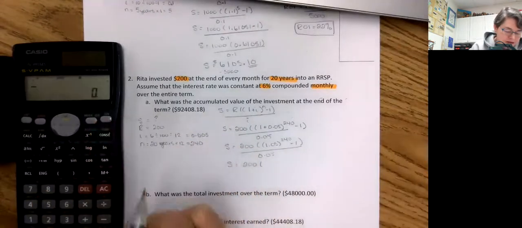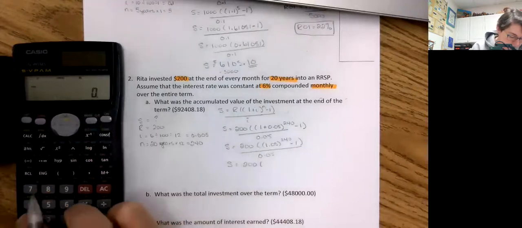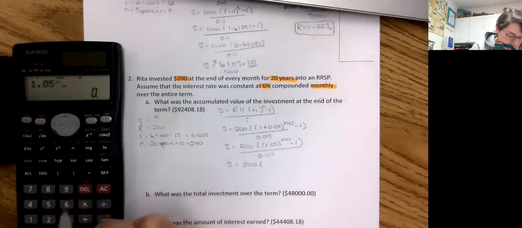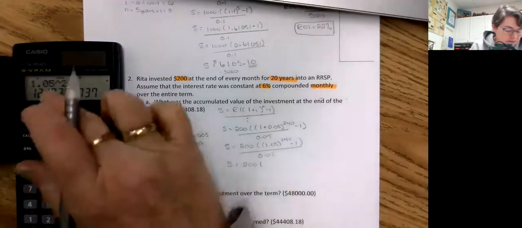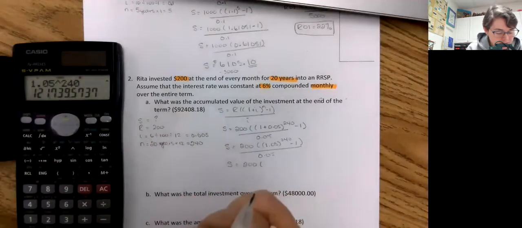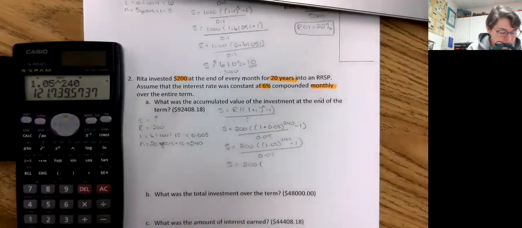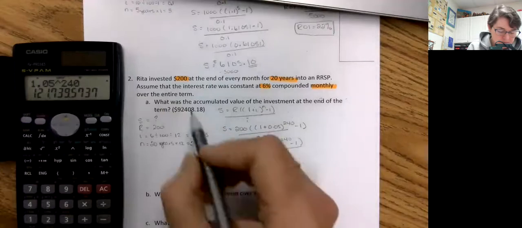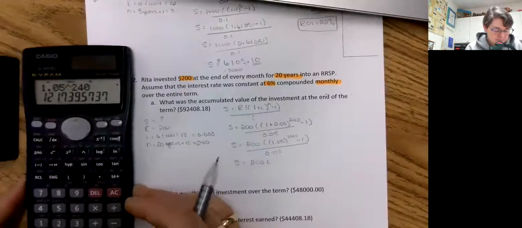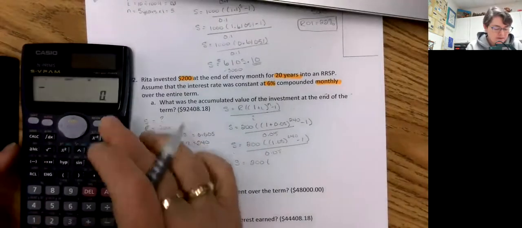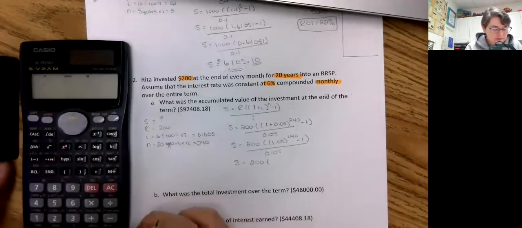No, that can't be right. Let me try that again. 1.05, 240. Really? That just seems crazy. No. Something is wonky with my calculator. I'll try 5. Okay, clear. 5 squared.